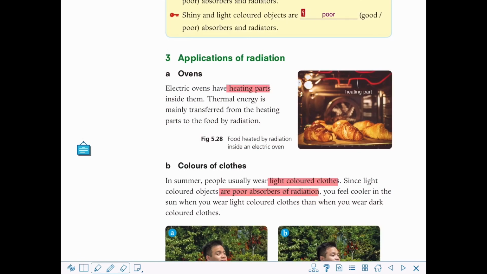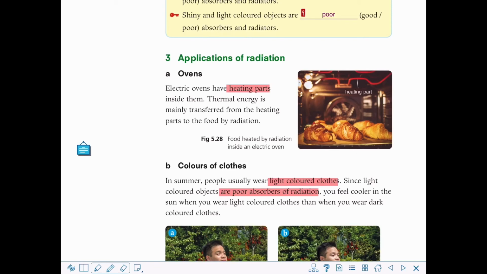Now, we will move on to the last aim of this video lesson. We will discuss 3 examples of application of radiation. Applications of radiation. Ovens. Electric ovens have heating parts inside them.